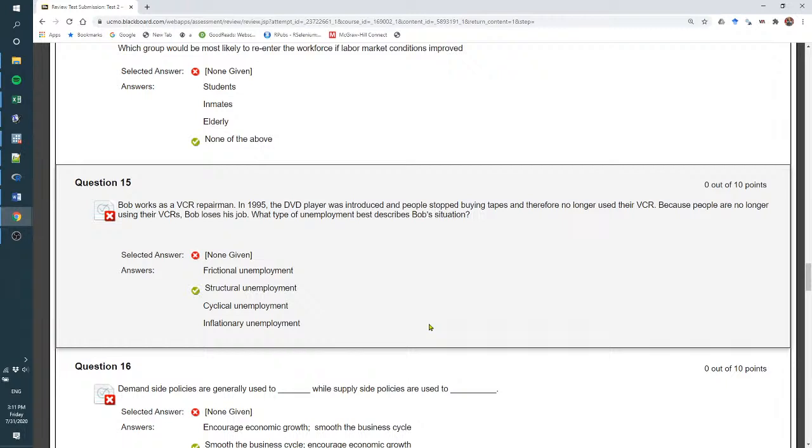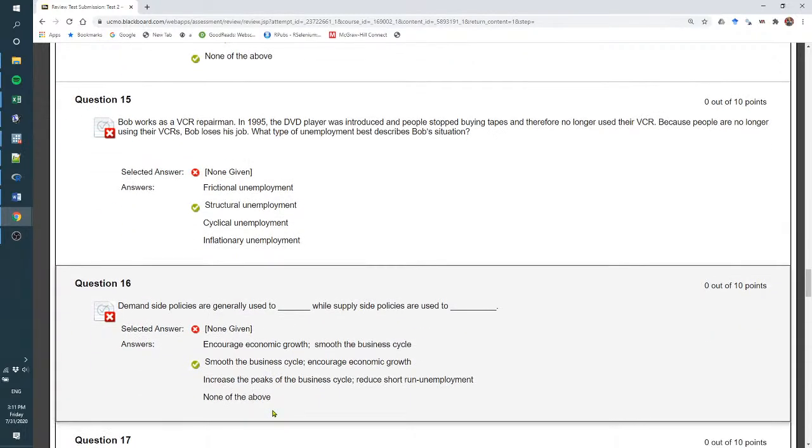What I mean by structural unemployment is that Bob's services are no longer wanted by the labor market. This one's a tough one. It means that Bob's going to have to go through some re-education process, which is going to be painful and costly, and develop a skill that's going to be wanted by the labor market. So it's structural unemployment.